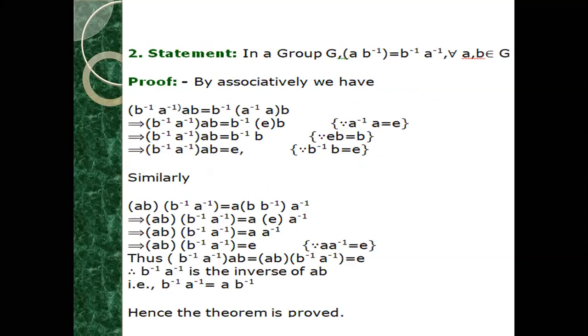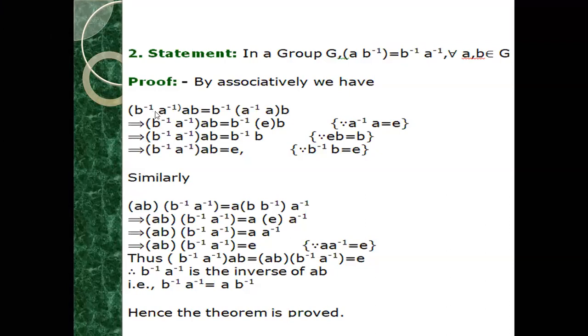So by the associative law, what is the associative law? A star B star C is equal to A star B star C.